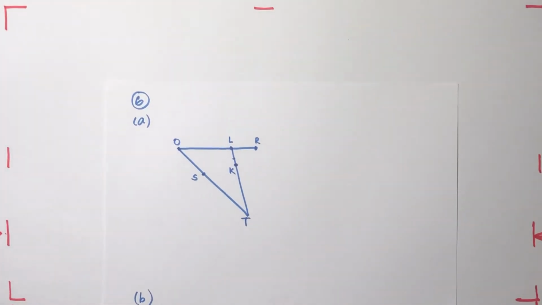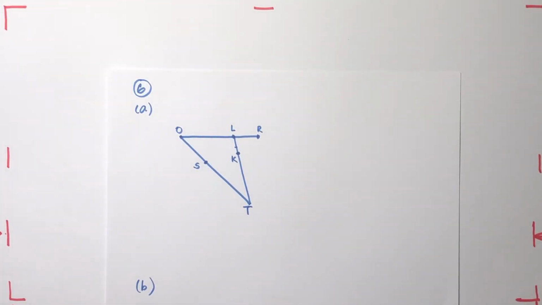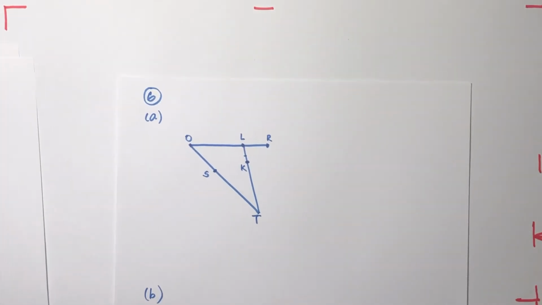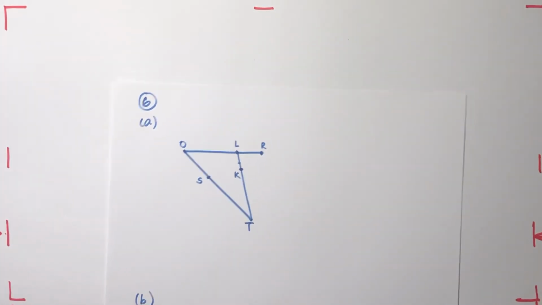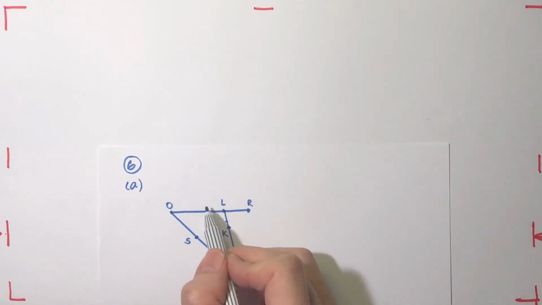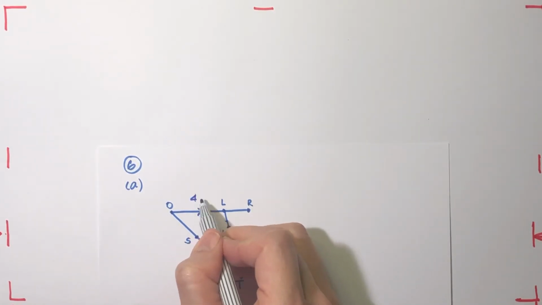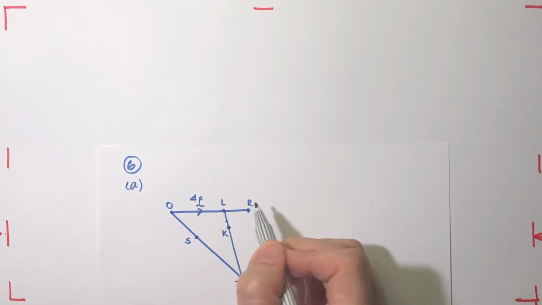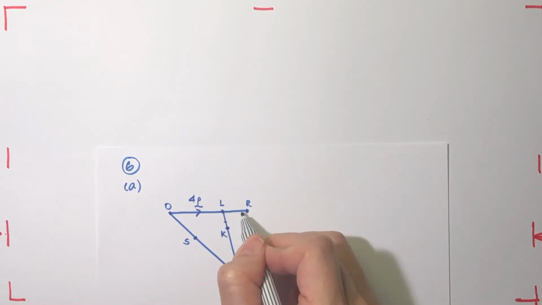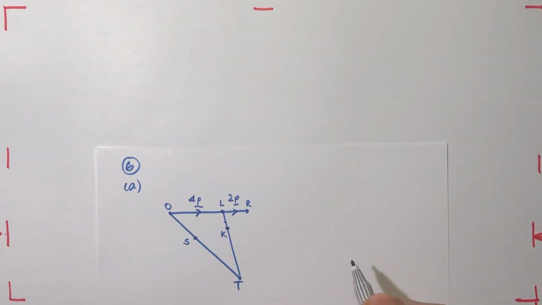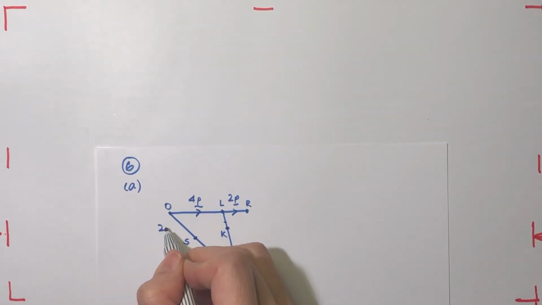So the first thing we would do is to simplify the diagram. We draw a nice diagram here, and we write the vectors by converting distances. OL is 400 meters, so it's 4P, because P is just 100 meters, and OR is 6P, because that's 600 meters.